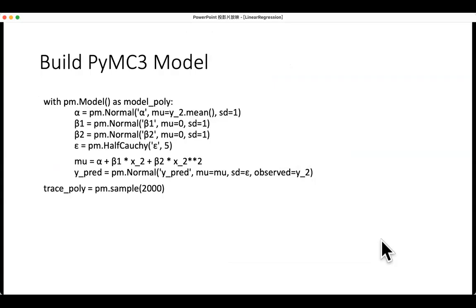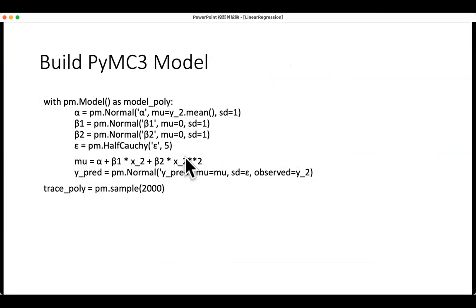So we put this half Cauchy for epsilon, a non-committal one. And then the mu will be alpha plus beta 1 times x2 plus beta 2 times x2 to the power of 2.